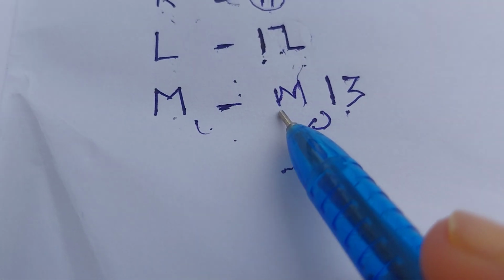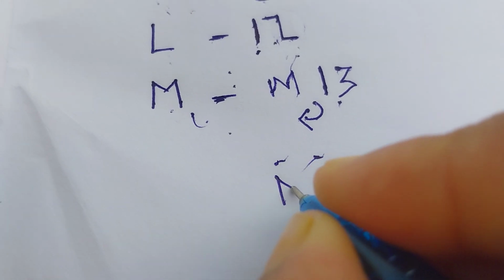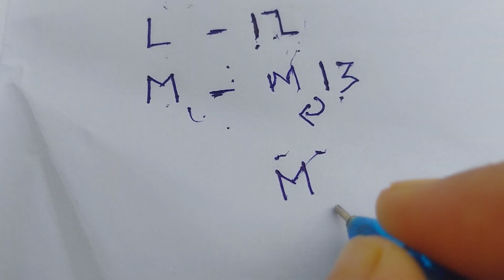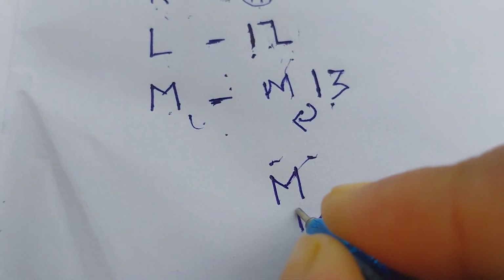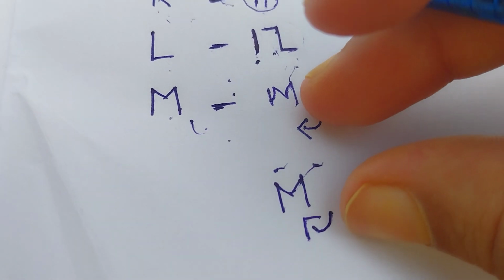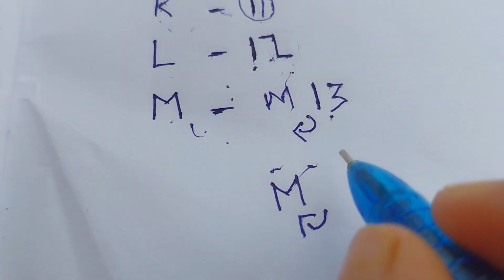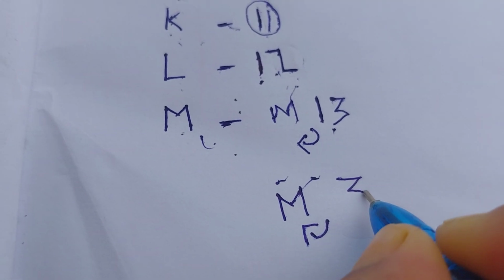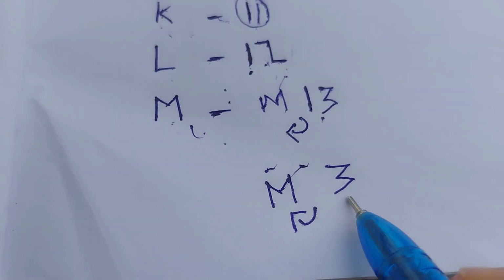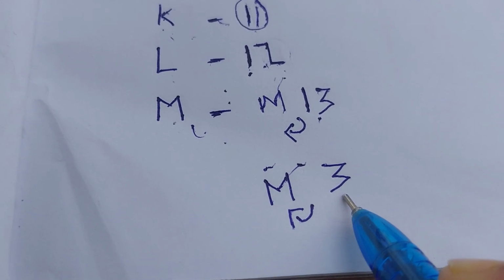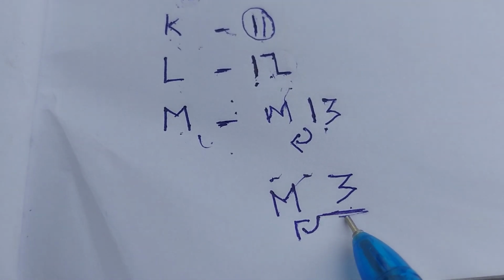Next, the last letter of the first half is M. Look clearly here. We write M like this. We have to rotate the M towards the left side. If we rotate this, we get not a letter, but the number 3. Does that look like 3?